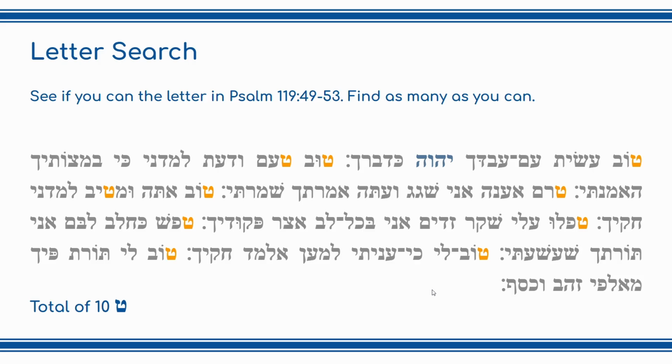And here's something else which I forgot to mention during the lesson: when you heard the name Begadkefat, remember the acronym used to remember all those letters? It has a T sound at the end, and you may think that this letter is part of that group, but it's not.